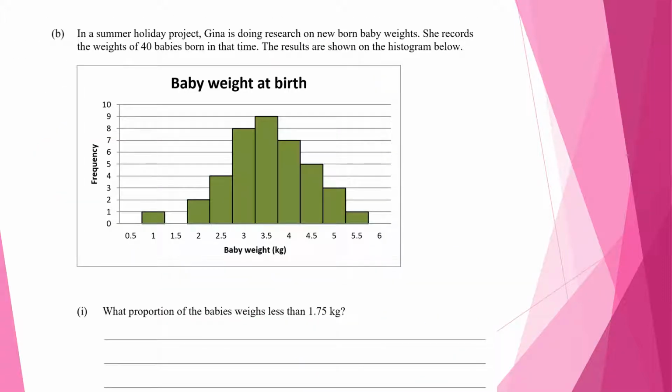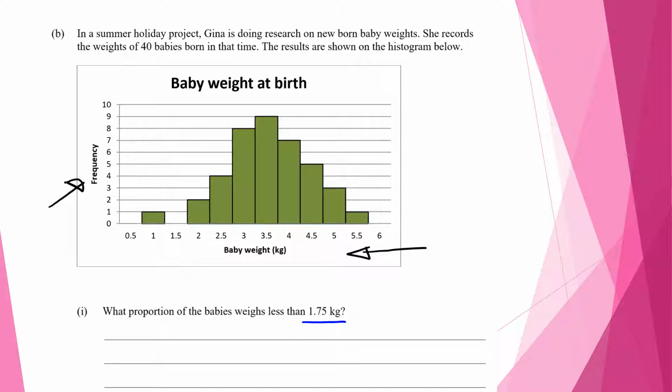So we've got a graph drawn for us, and we're basically asked to interpret the information from the graph. We're given the frequency up the vertical axis, and the baby's weight along the horizontal. We're asked what proportion of babies weigh less than 1.75 kgs.